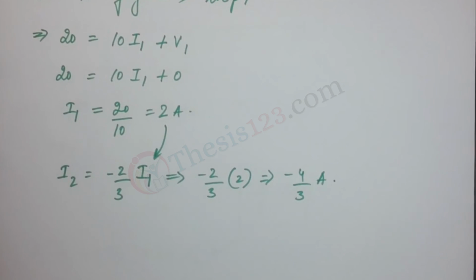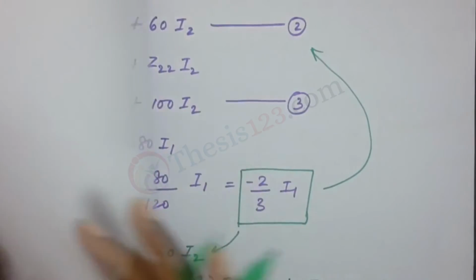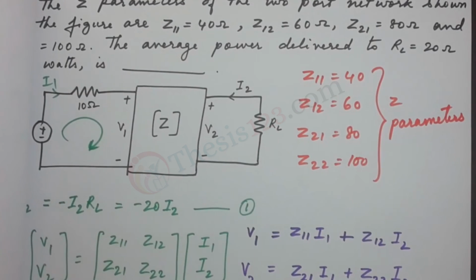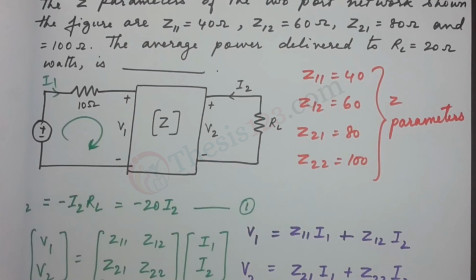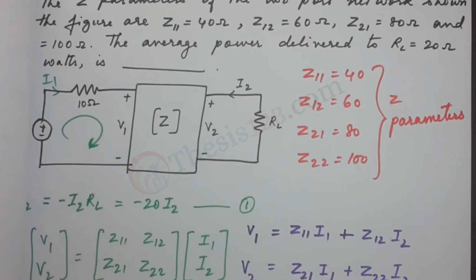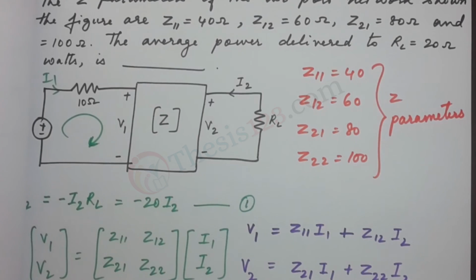Now the question talks about the power delivered to the load resistance RL. So the power equation is VI.